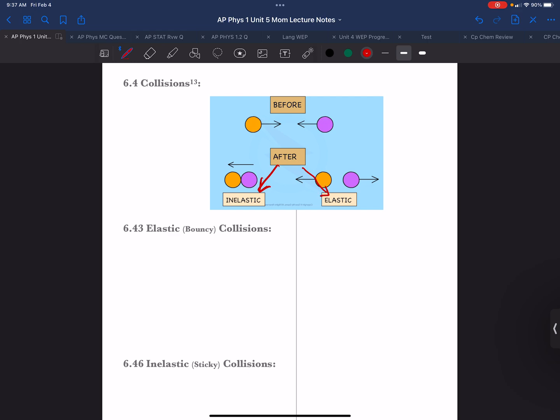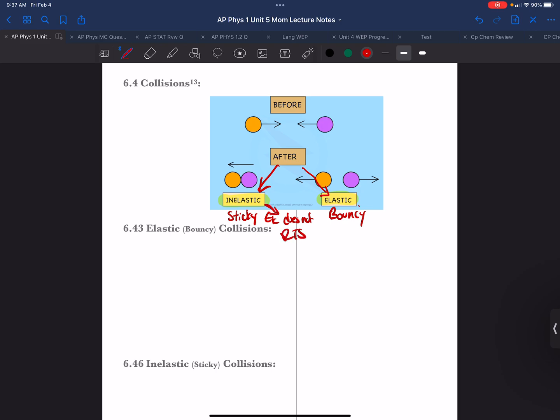So we could informally call these sticky or bouncy collisions. Now, the scientific technical names for these are inelastic and elastic. And what is true in those two cases is that in inelastic collisions, the kinetic energy does not remain the same.